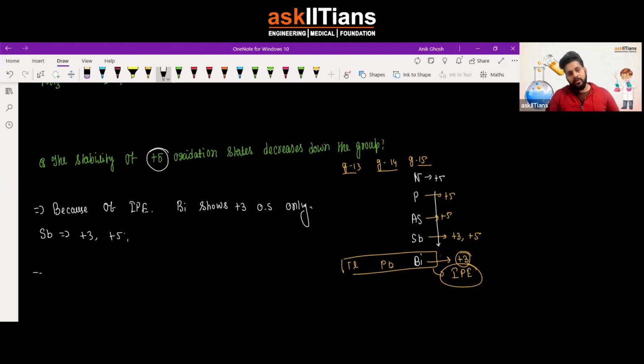So we can conclude that the more you go down the group, because of the inert pair effect and the contractions, the +5 oxidation state is decreasing. Because, guys, you cannot lose 5 electrons anymore, because the electrons are under a much higher effective nuclear charge, Z star, present in it, right?